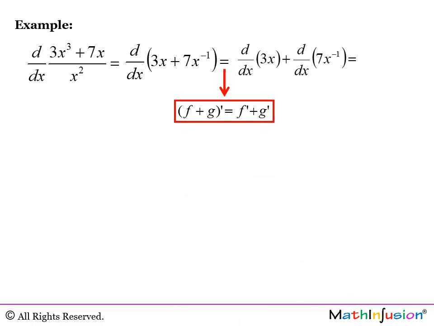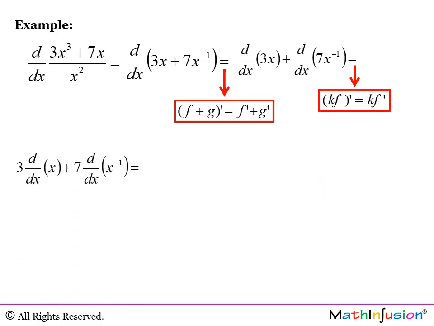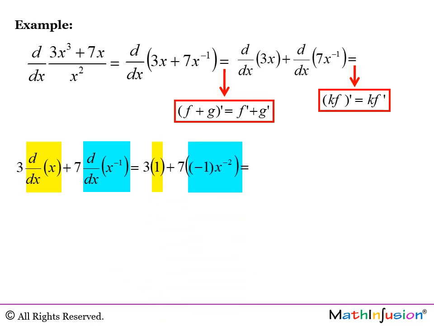Now we can split it into two derivatives. We can use the constant rule, and we know how to differentiate each one of those using the power rule. From the first one, we get 1, and from the second, we get negative 1 x to the negative 2.